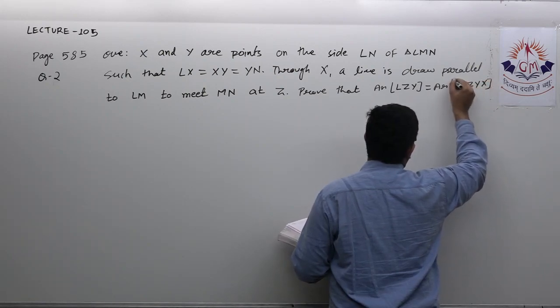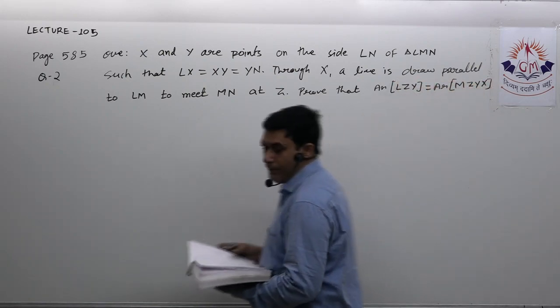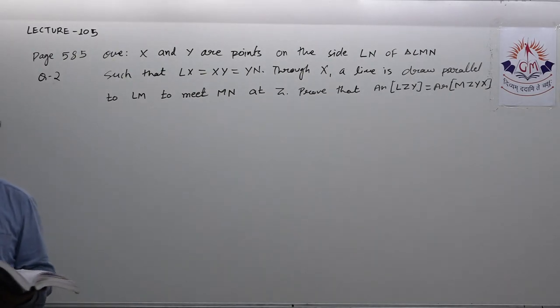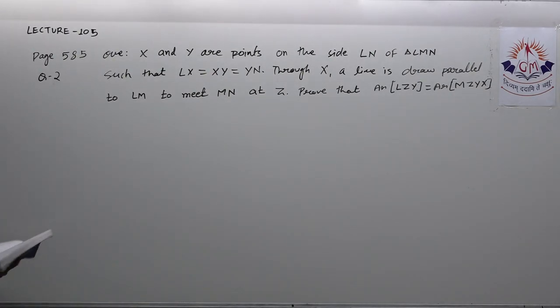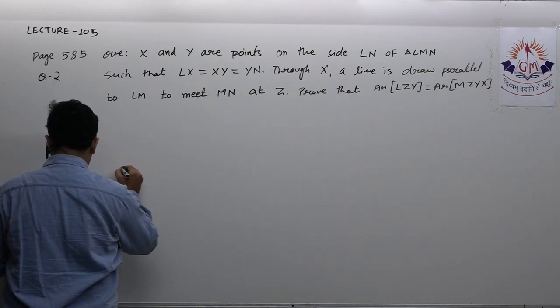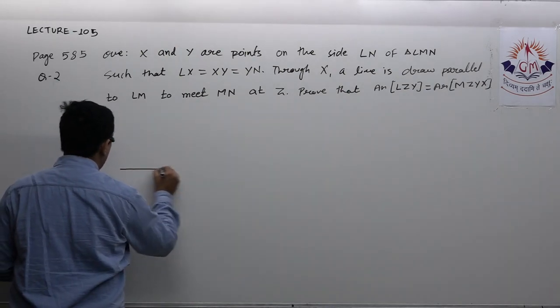Okay, the diagram is given in the question, so think for a while how you will solve this. Till then I'm drawing the diagram and then I will give you its proof.